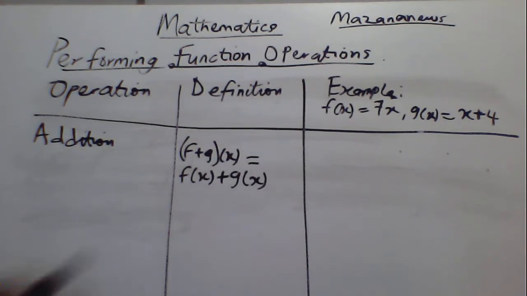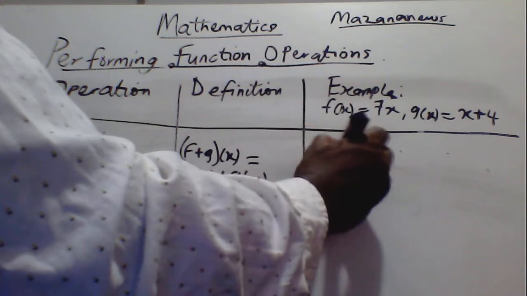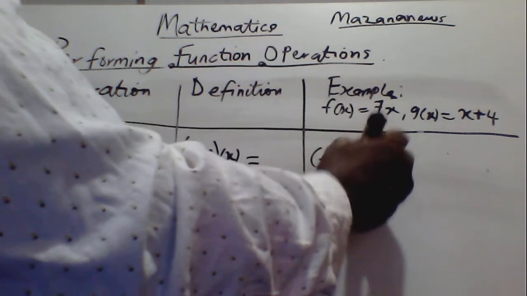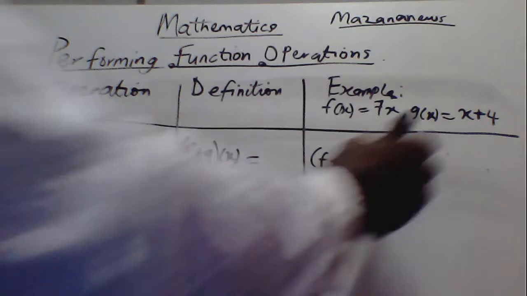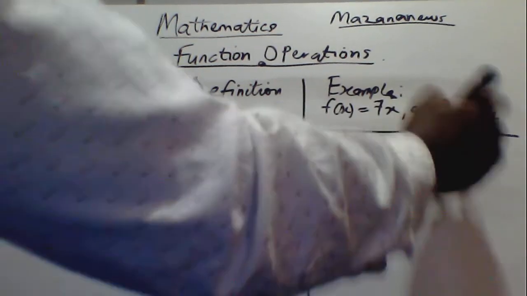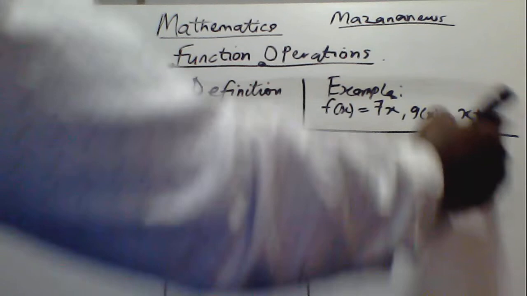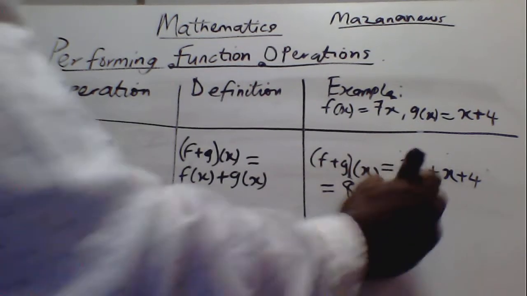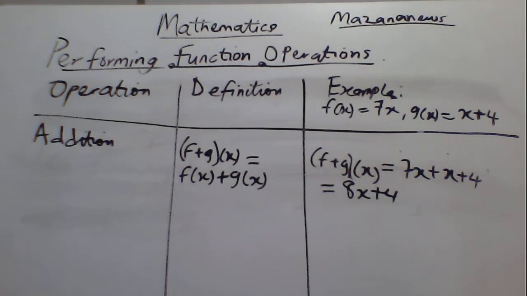So when we add the two, for example here, we have 7x plus x plus 4. This will give us 8x plus 4. So a new function is created when we perform an operation on f of x and g of x.